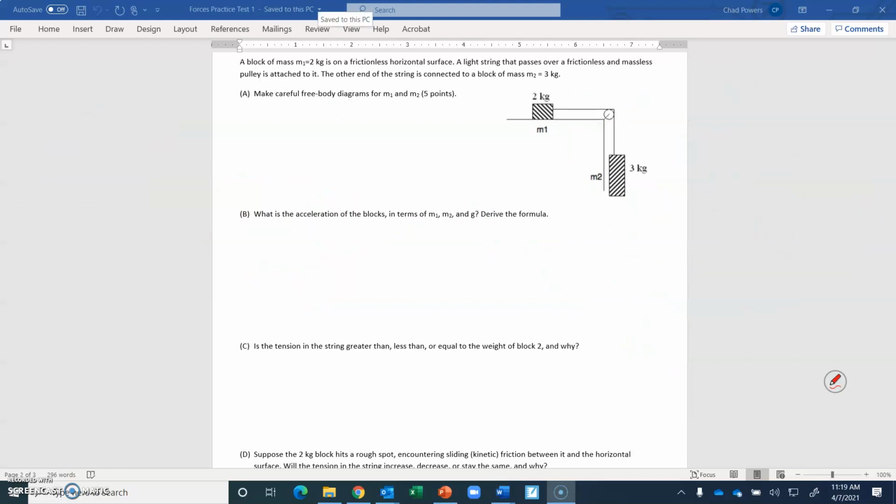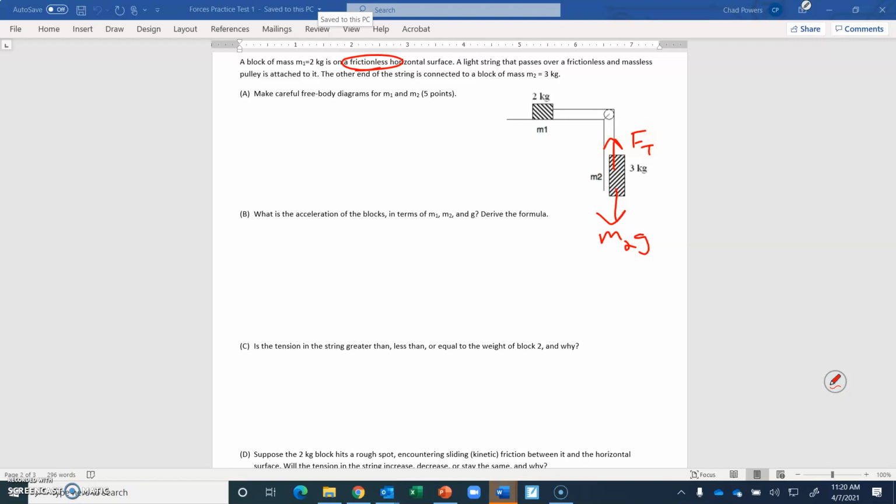All right, problem 2, Atwood sliders. This is as simple as we can get, frictionless. We've got two masses, the suspended one and the flat one, and we always start with the free body diagram. Remember, this one is always exactly the same. Always.